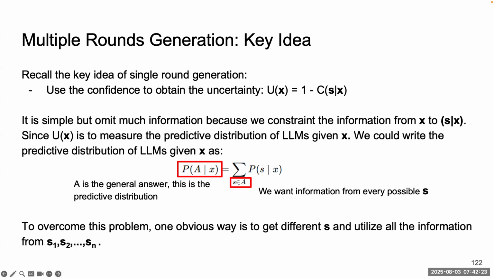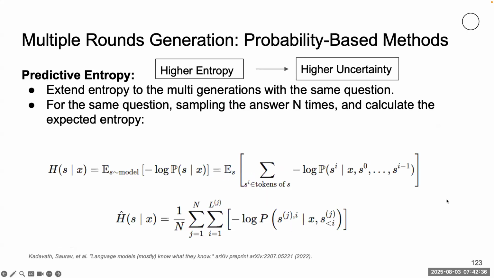But of course, if you have access to the model, then you can just use the probability-based estimation. Like I said before, the predictive entropy is the joint probability distribution over all the samples you get.